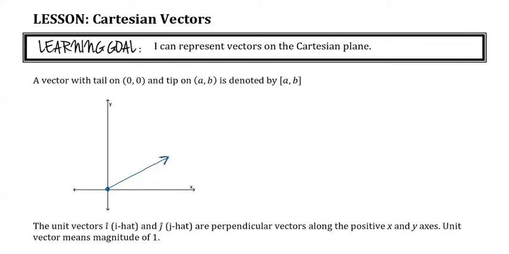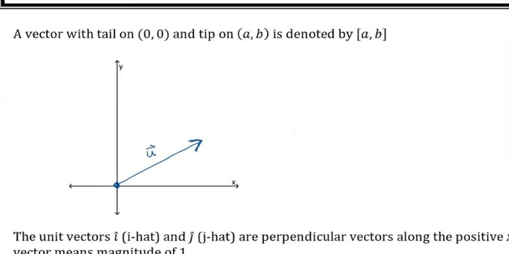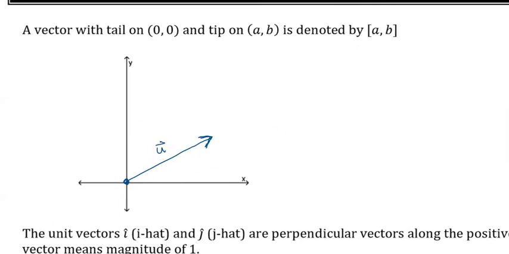And I'll call this vector u. This distance is a, the x value. And this distance is b, the y value of that point.